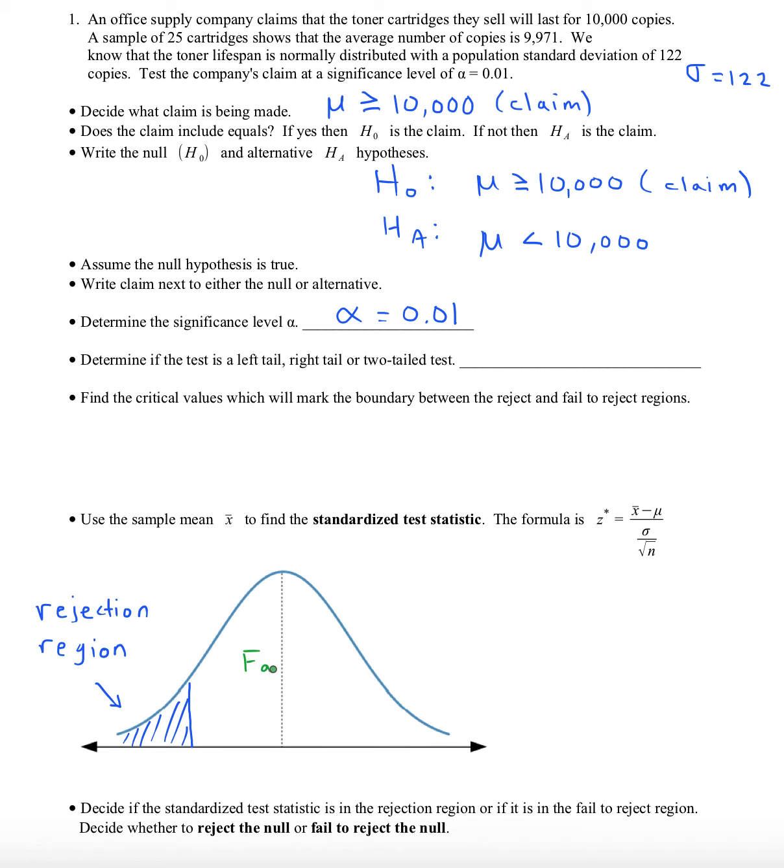The rejection region divides the curve into two parts, where we have both a fail to reject region and a rejection region.